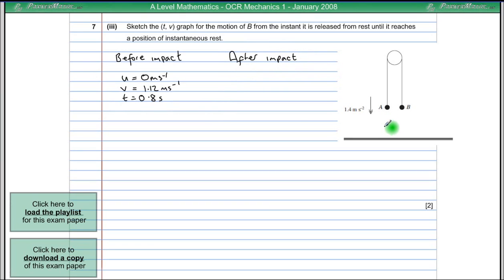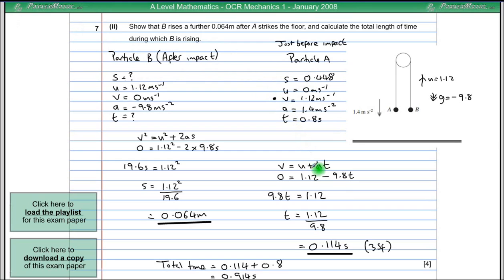So immediately after impact, the velocity is 1.12. That now becomes our initial velocity, 1.12 meters per second. And we worked out in part 2 that the time that it's going to be going upwards for after A has hit the ground is 0.114.